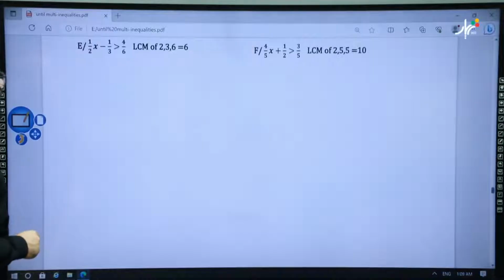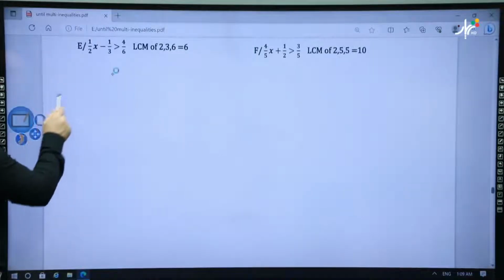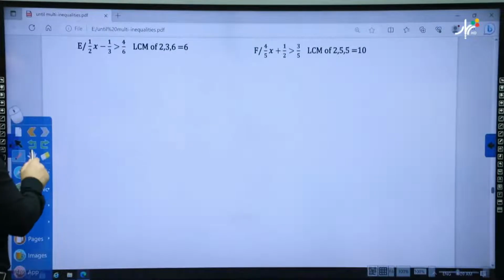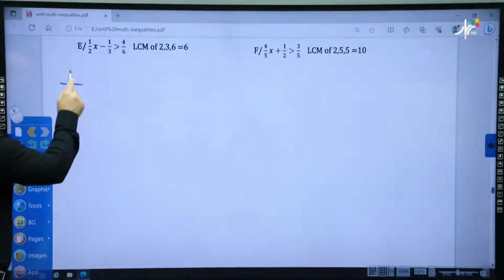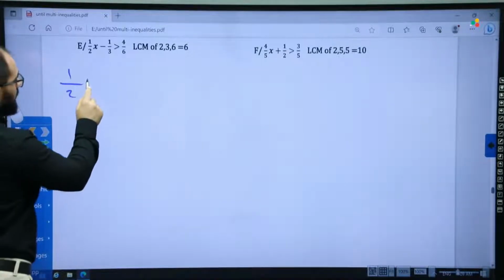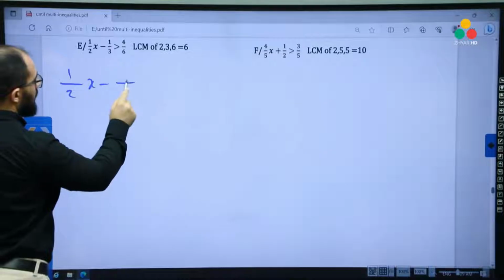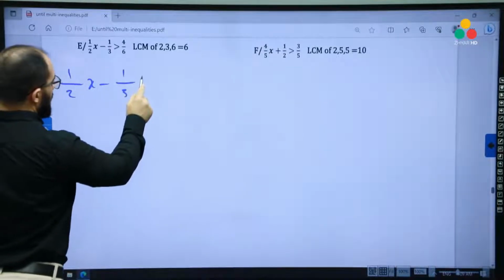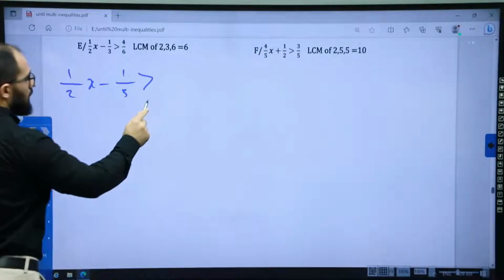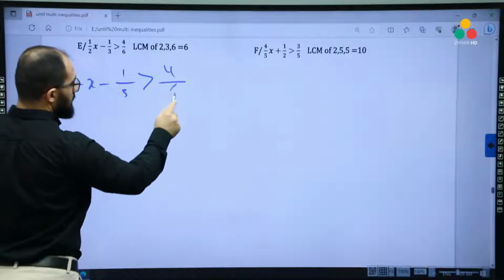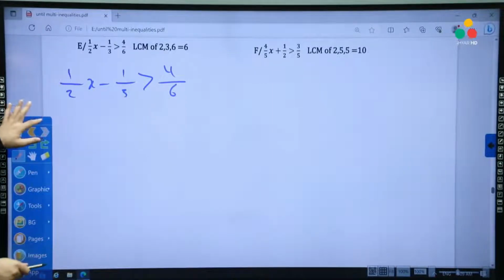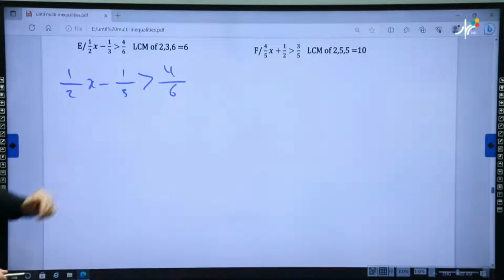That's why we are going to multiply 1 over 2x minus 1 over 3 greater than 4 over 6. We are going to multiply the whole inequality by 6, by the LCM.